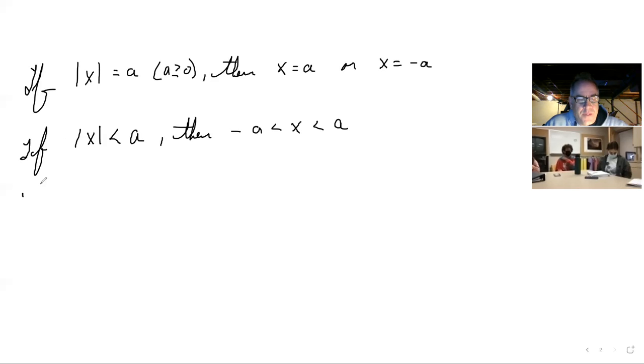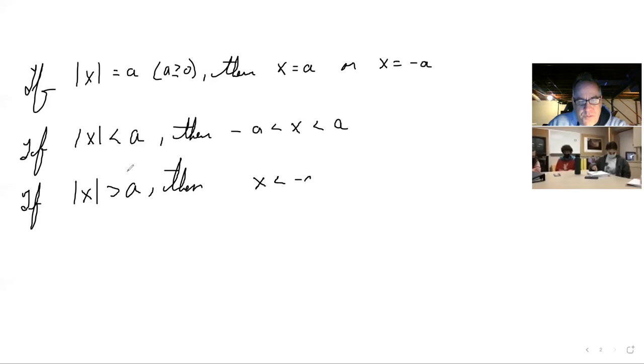And then the last possibility is you have absolute value of X or an expression of X greater than A. And here you have a compound inequality: what's inside less than the opposite of that number, or what's inside the absolute value greater than that value.